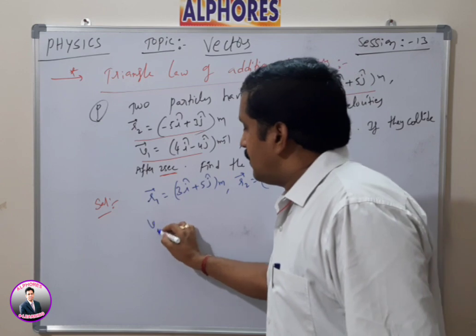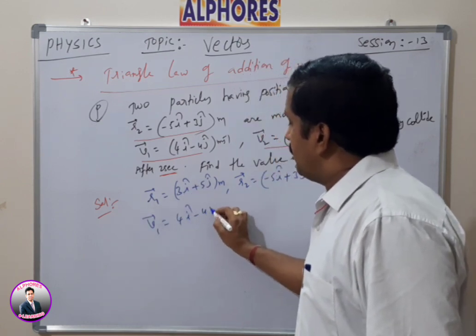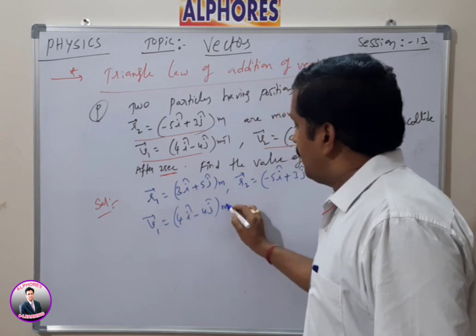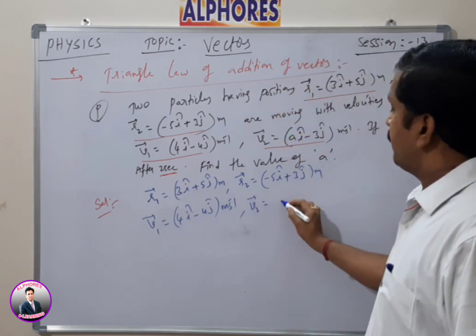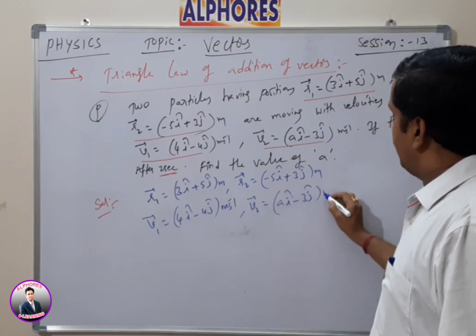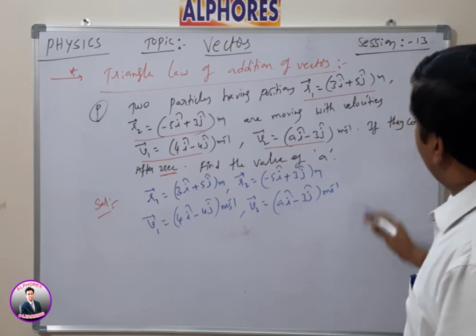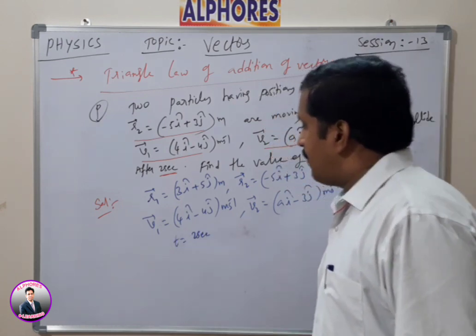The velocity vectors are 4i cap minus 4j cap meter per second, and v2 bar is equal to a i cap minus 3j cap meter per second. Time is equal to 2 seconds.